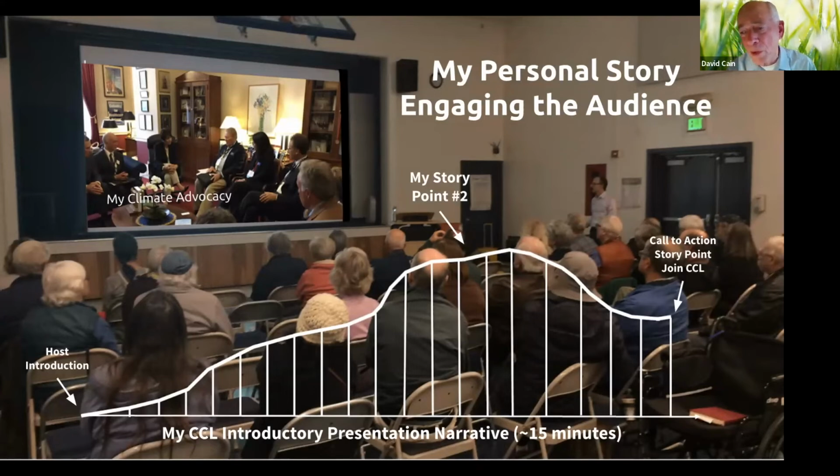You can do it a number of ways, but understanding what the story point is, why it's there, and what you expect in the audience reaction is really important. If it doesn't meet those standards, get rid of the slides. I know so many of us in the old days said, oh, this is a great slide, I just got to get it into my presentation.